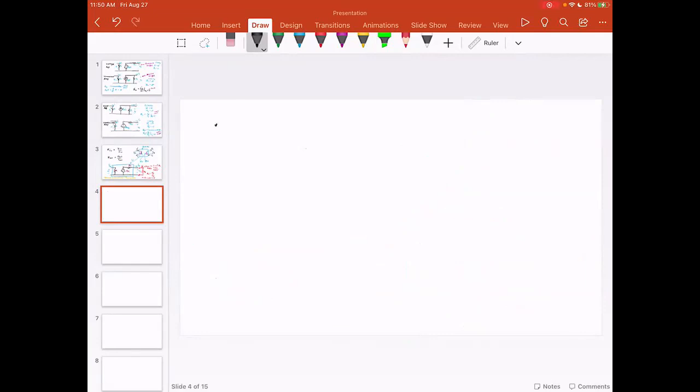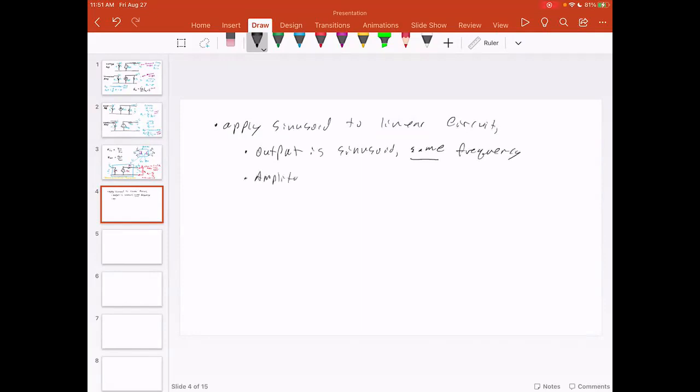The output is also a sinusoid, with identical frequency, but amplitude and phase may change.